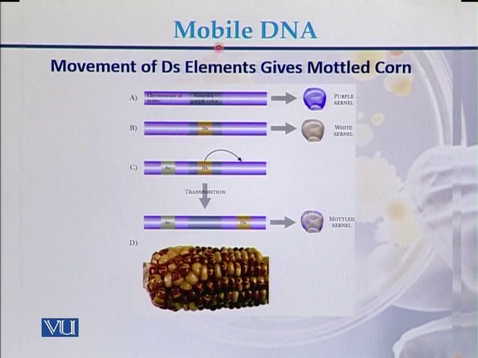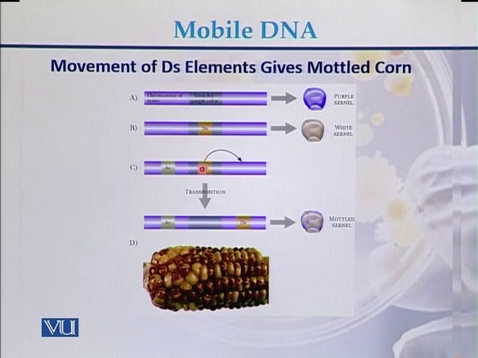Movement of DS elements gives mottled corn. This is an example of the movement of mobile DNA, or the movement of dissociation elements. The original color of the kernel in corn is purple. There is a gene for the purple color. While if there is a dissociation element, then the color of the kernel is white.